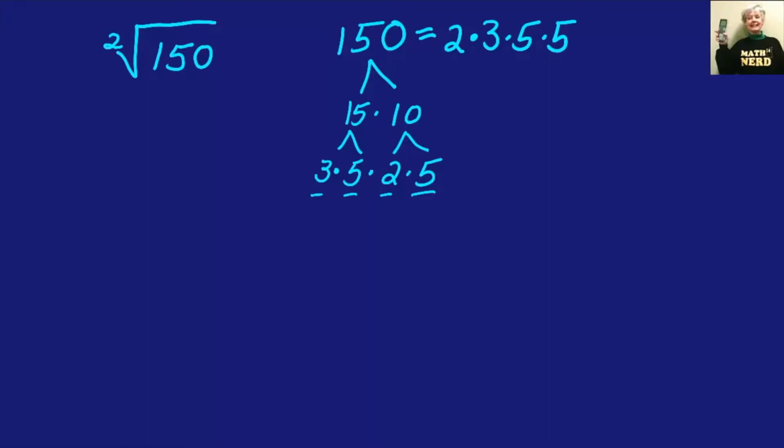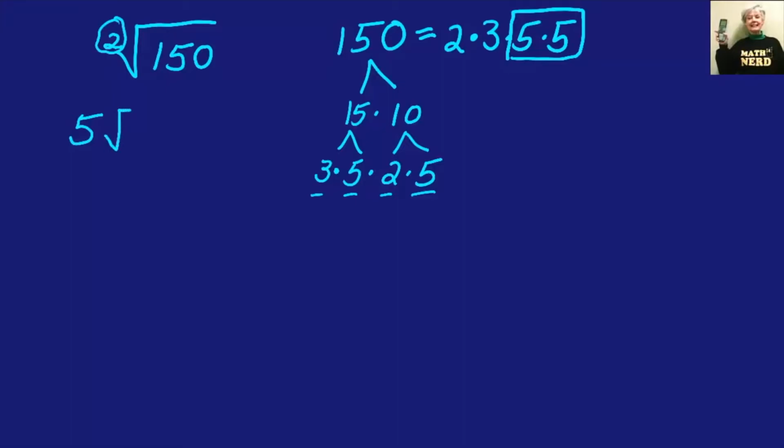Now here is where the index comes into it. The index 2 means that I'm looking for a number that repeats twice. 5 times 5. I take that number 5 and I write it on the outside of the square root radical.